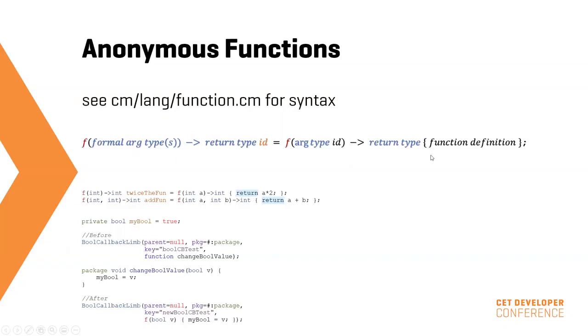I can just exclude it altogether. And then I have my statement, which is just my bool equals v. So it's just a faster way to do that. It's pretty useful if you have one-line functions that you'll only need once.